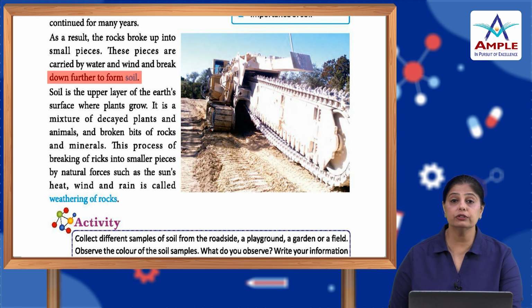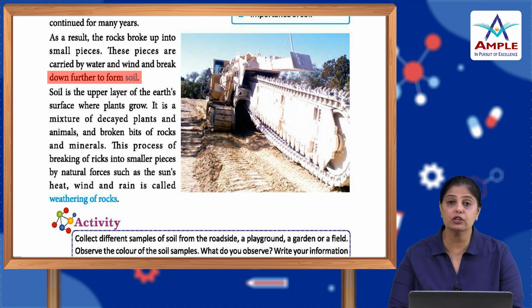So children, over millions of years, we have seen that in the olden times there were only rocks and water, and then because of the heat from the sun, those rocks started getting heated up, and then the rain and the wind started cooling them down.